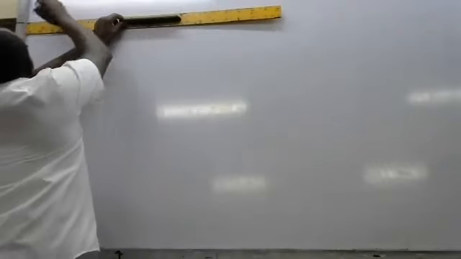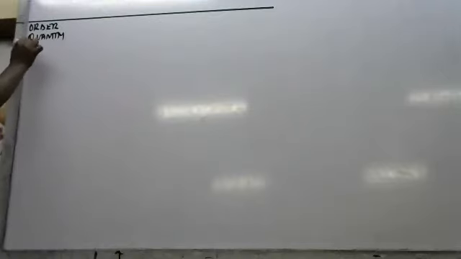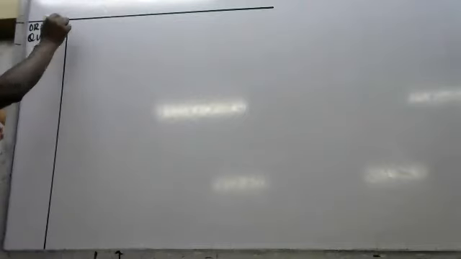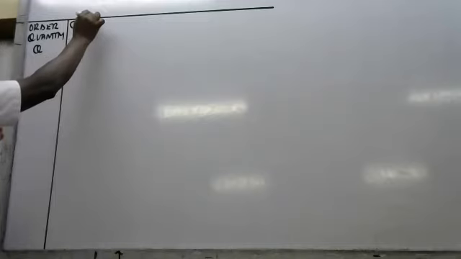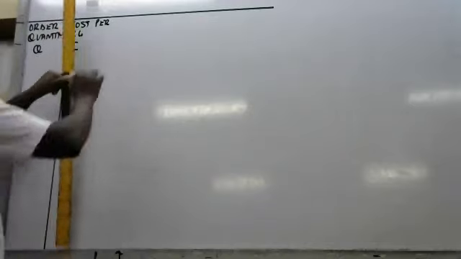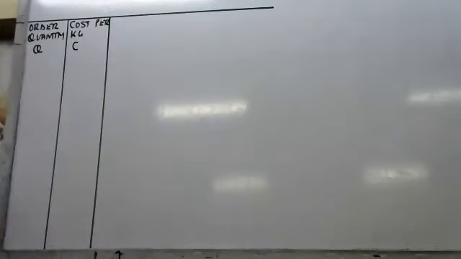So now let's create this table. The table will have the order quantity, which is our Q, then the cost per kg, and remember this is our C. Then from there we compute the total costs.